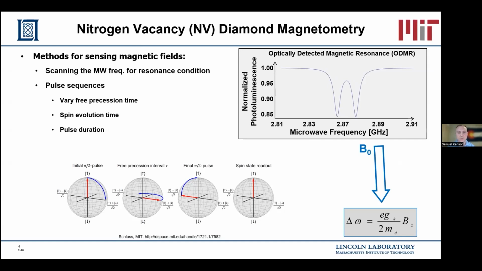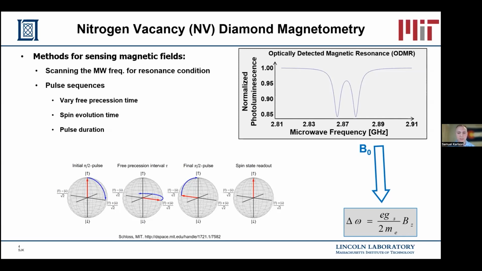Any change to this external magnetic field will change the resonant condition of the system, so scanning microwave frequencies for this resonance condition can be used to determine changes in the magnetic field. And as I mentioned previously, these measurements are tied to physical constants, so that reduces the uncertainty and makes it a more valuable quantum sensor.